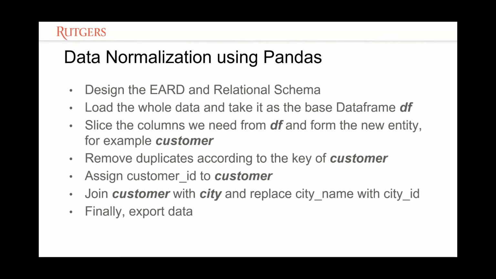In other words, we need to add a column named customer ID to customer entity. Next, we join customer with city and replace city name with city ID. Finally, export the data.